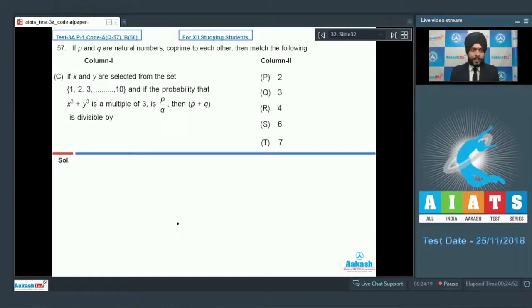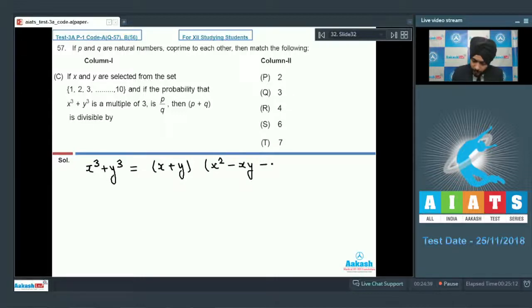C part says that if X and Y are selected from the same set given, and if the probability that X cube plus Y cube is a multiple of 3 is P by Q, then P plus Q is divisible by. So X cube plus Y cube has two factors, X plus Y into X square minus XY plus Y square.